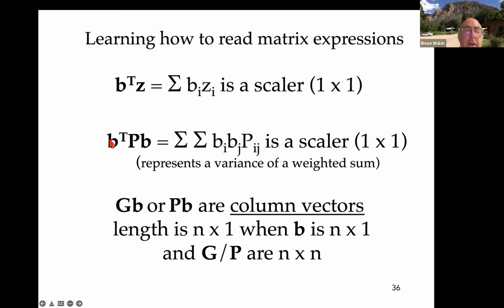The reason it's a scalar here is I've got a 1 by n in front of it, so I get a 1 by 1. These are column vectors. These will give us within generation changes, a vector of how the traits change. These will give us information about how the index changes.